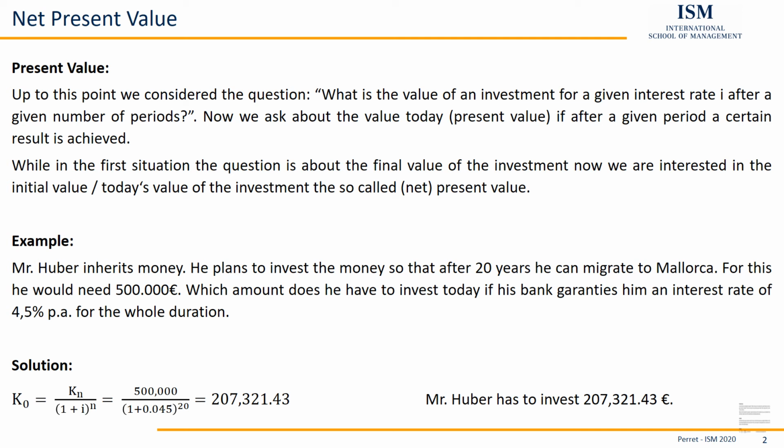In this context, this will give us an initial value, so a net present value of 207,321.43 euros. So that's the amount of money Mr. Huber has to invest today, so that after 20 years he has the 500,000 euros which he requires.